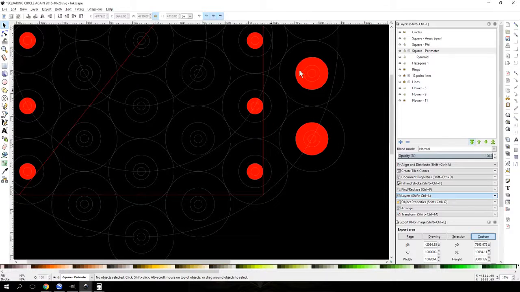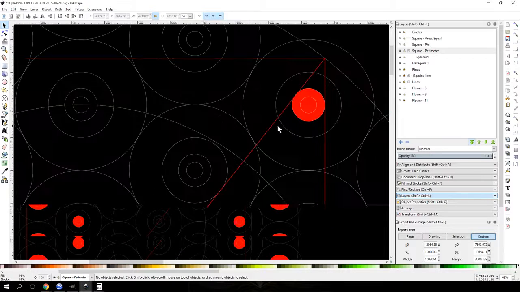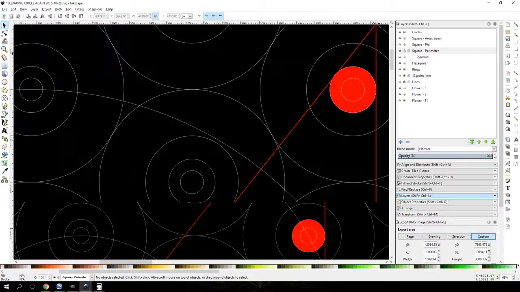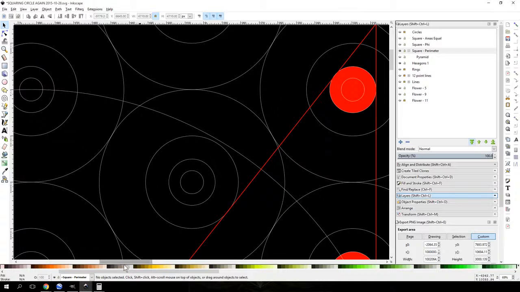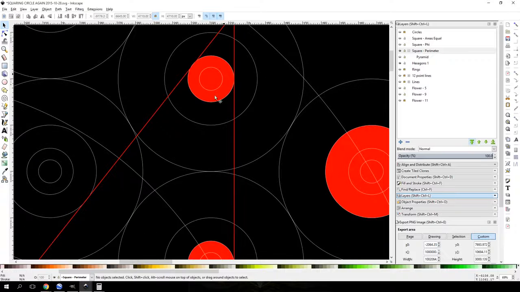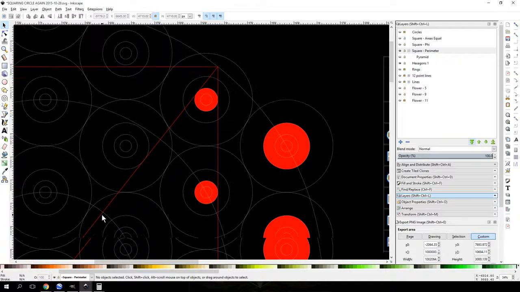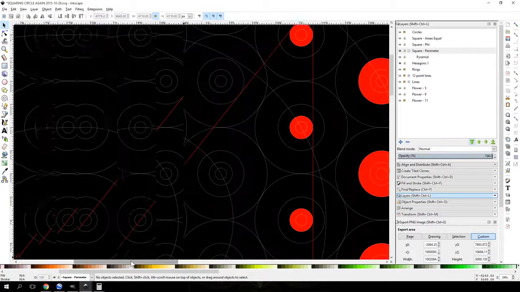And then if we go up to the very top, this particular one right here is tangent to both sides of this thing. And you can see it's running tangent to all these various circles.